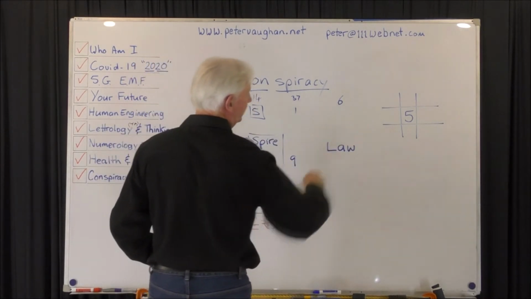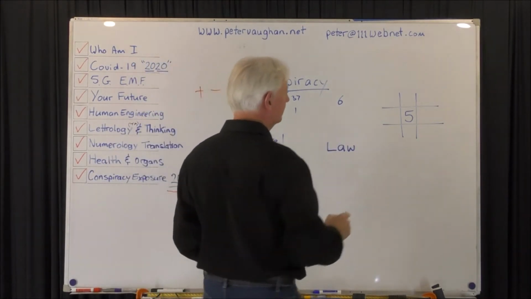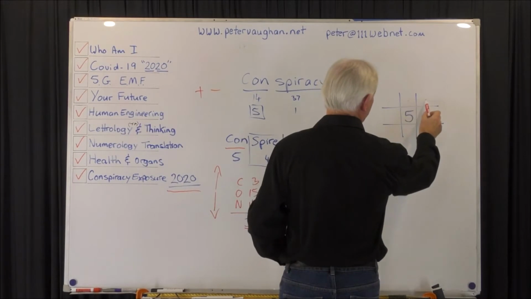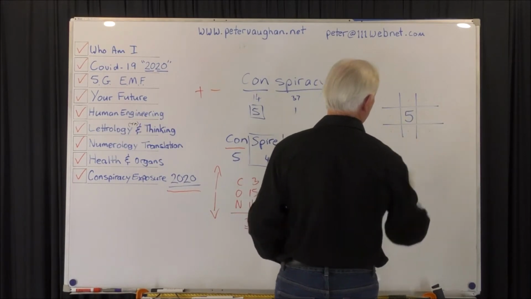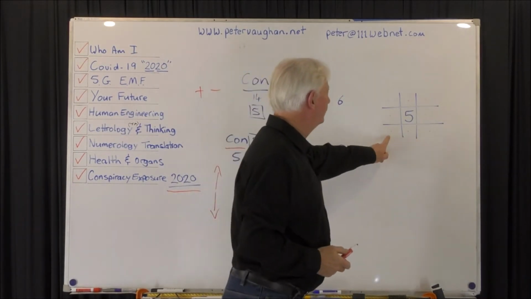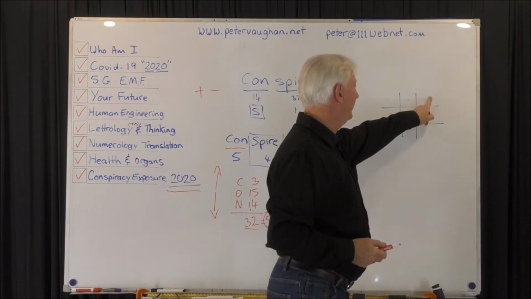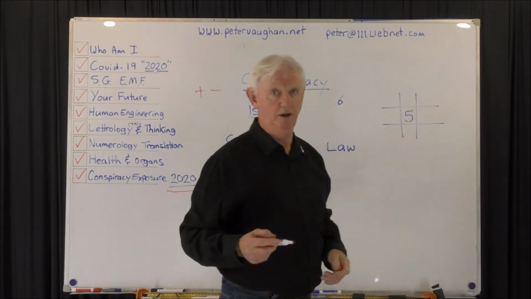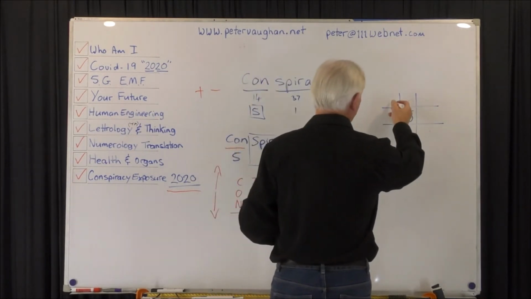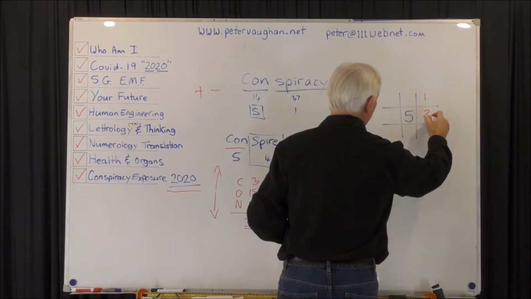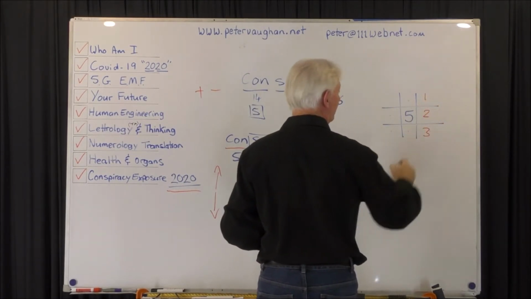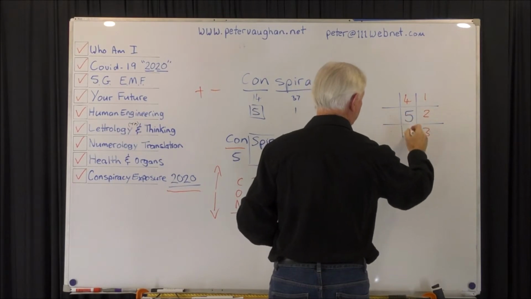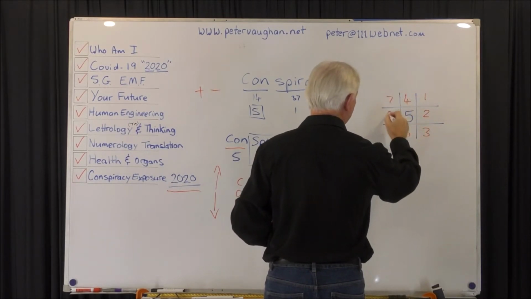Now I put 5 here in the middle. This is like the tic-tac-toe game, noughts and crosses. If I start here or here or here, anywhere in that tic-tac-toe sequence, let's just say I started here: 1, 2, 3, and following the same formula, 4, 5, 6, 7, 8, 9.